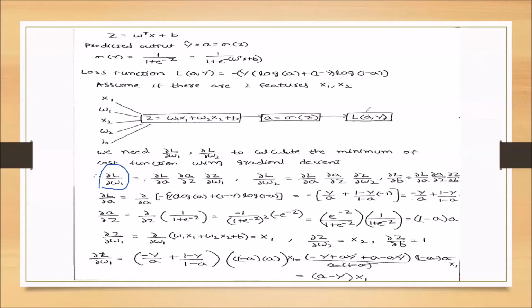Here the loss function is in the last block, but W1 is in the first block. So we are checking what the different terms in the loss function are. In the loss function we have only two terms, one is y and another one is a. You can observe this equation, only two terms are there, a and y.